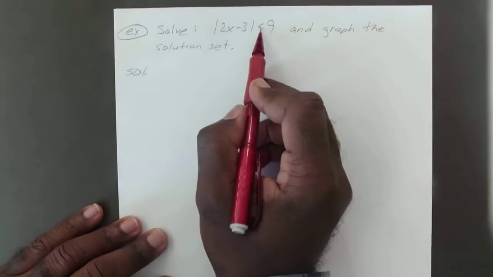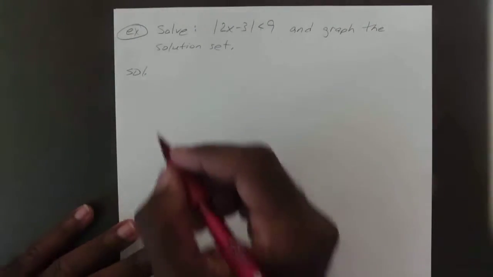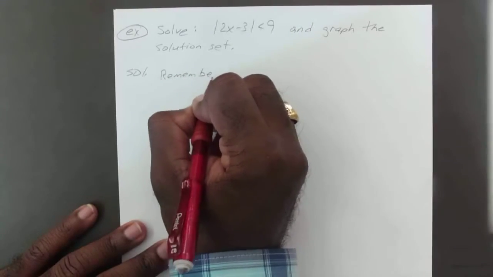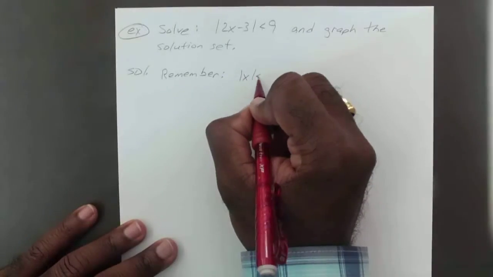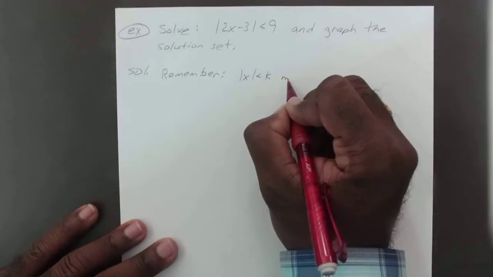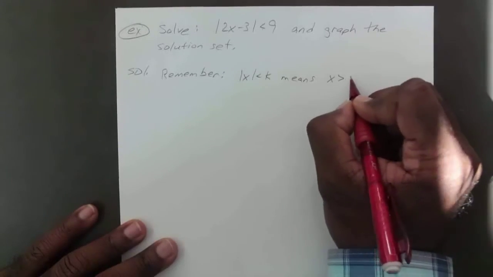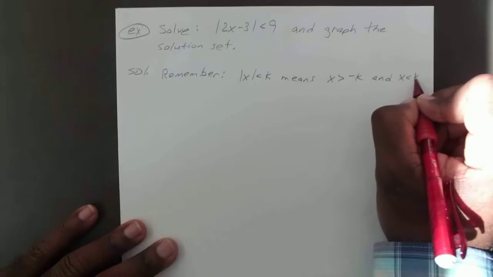Okay, so we know we have a less than, which means we're going to use the method for less than. Okay, which means you have to remember absolute value of x is less than k means that x is greater than negative k and x is less than k.